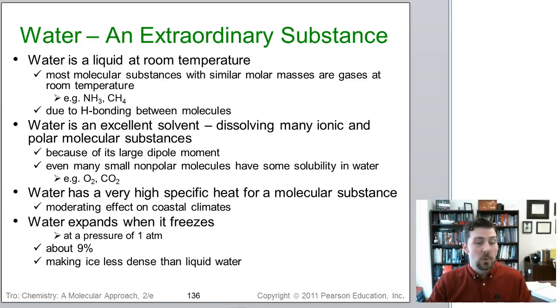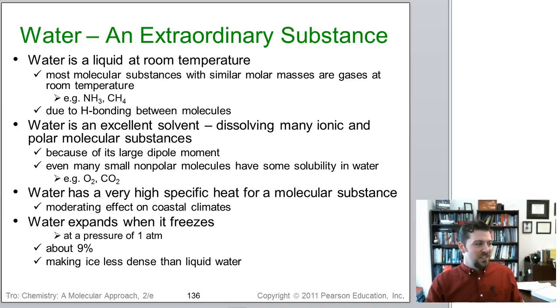The solid phase is more dense than the liquid phase, and when it turns into solid phase, it sinks to the bottom. Imagine if water, when it froze, the ice sunk to the bottom of the lake. How would that affect wildlife, marine life? Yeah, not a good way. So it's a very unique substance which allows life to be possible, which I'm very thankful for.